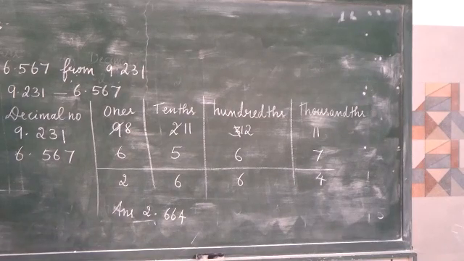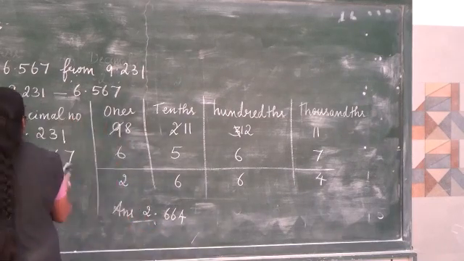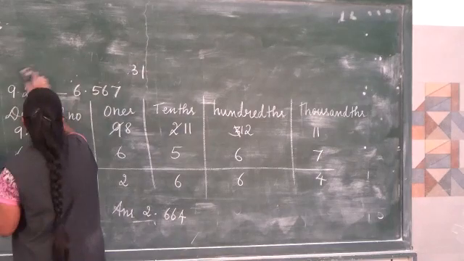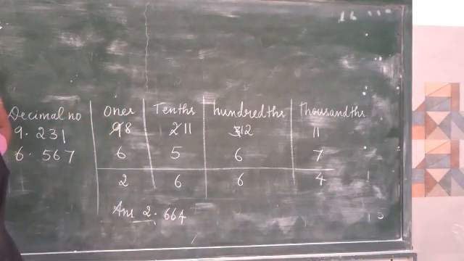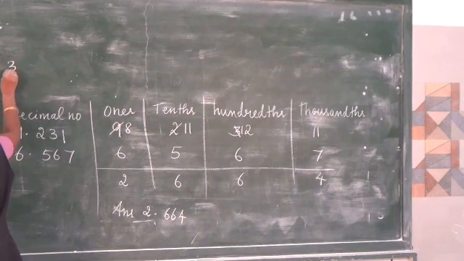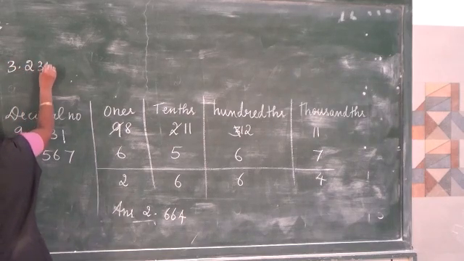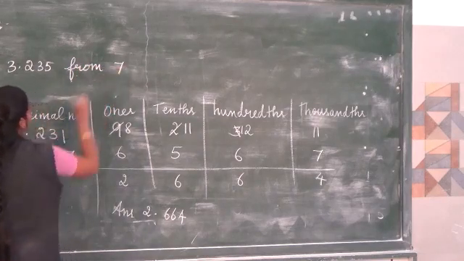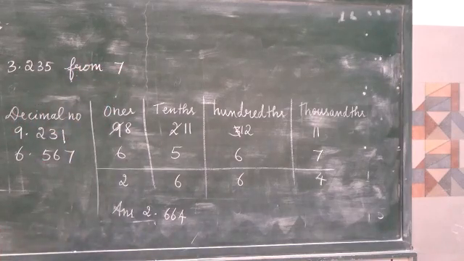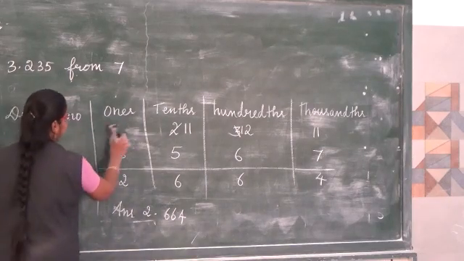Next problem, second one. In fourth, the second problem, 3.235 from 7. So the same method you have to follow.